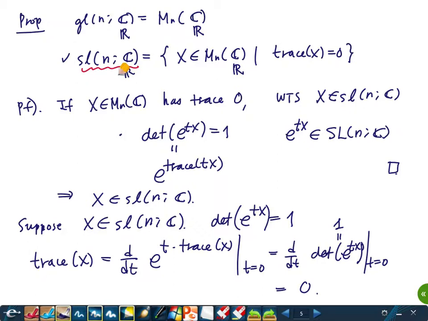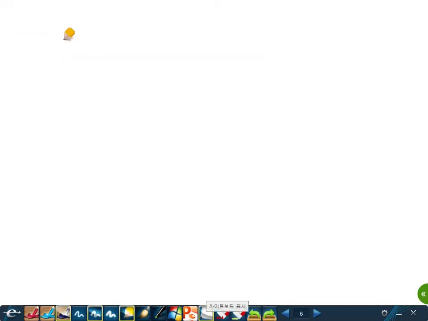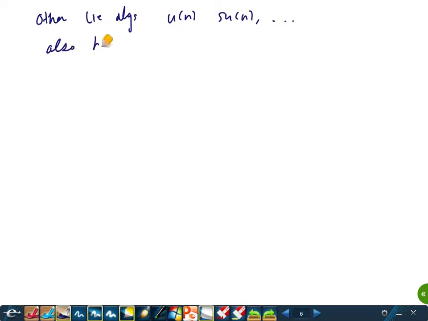So for other Lie algebras, there are also simple descriptions like this. Other Lie algebras, like U(n), SU(n), etc., also have simple descriptions.